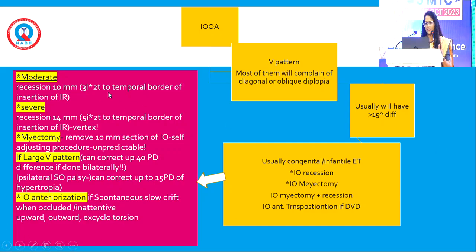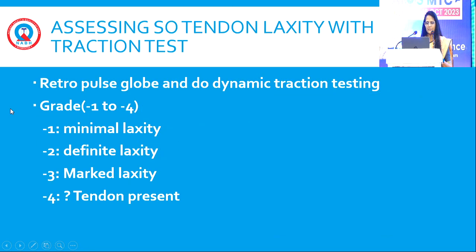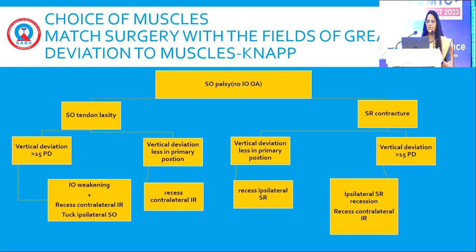So this is the algorithm: whenever there is IO overaction, there will be a V pattern, and with more than 15 prism difference, you can do all the treatments available for this. Assessment of SO tendon laxity also has to be done. So when there is SO palsy, this is the algorithm shown here.